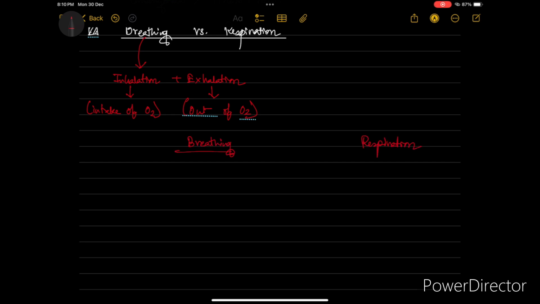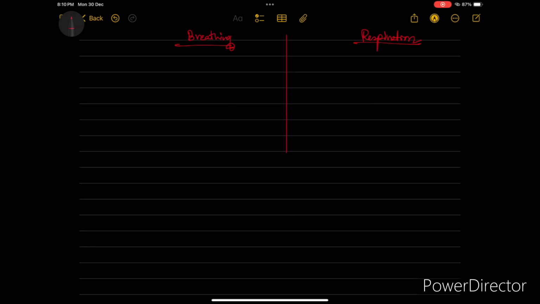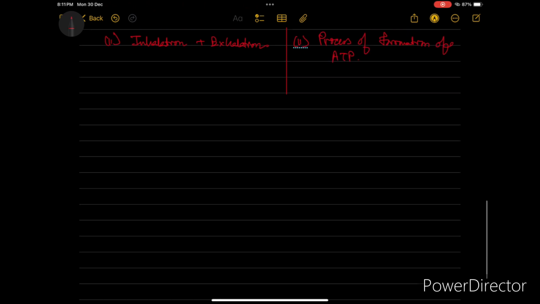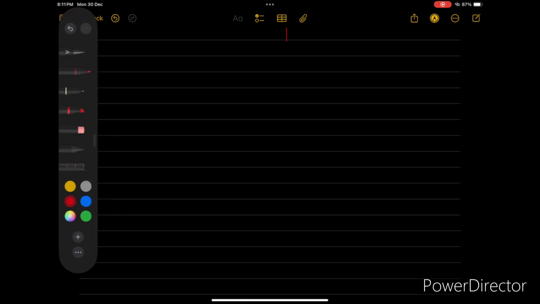Okay, now if we differentiate breathing from respiration, it can be easily said that breathing is a type of mechanical process, whereas respiration, as it involves the breakdown of food materials releasing energy, is a type of cellular process. Breathing is inhalation and exhalation, whereas respiration is a process in which ATP is formed.